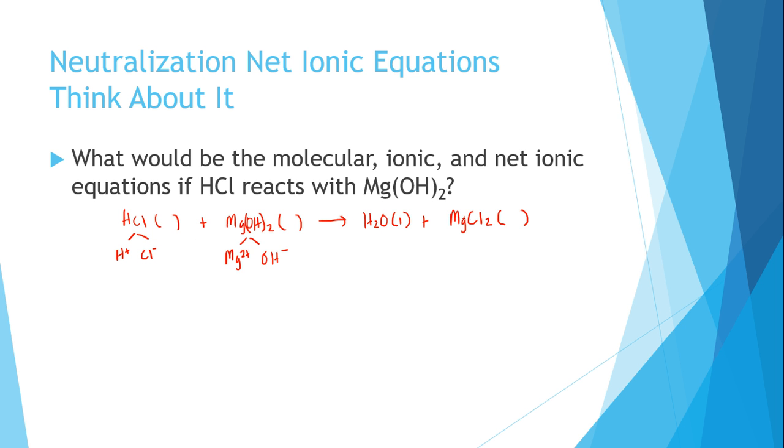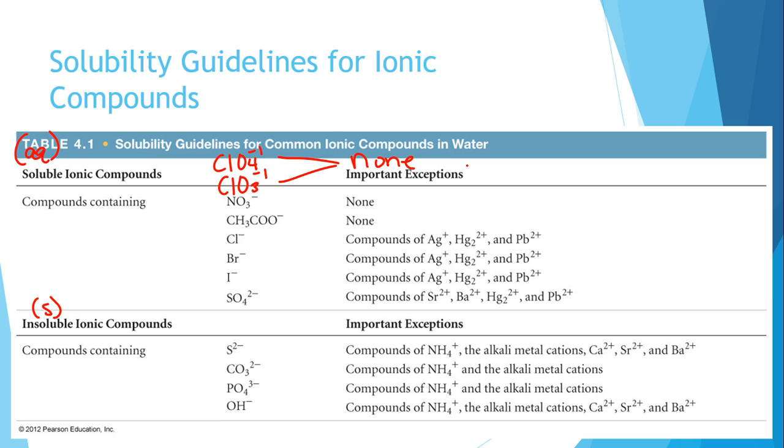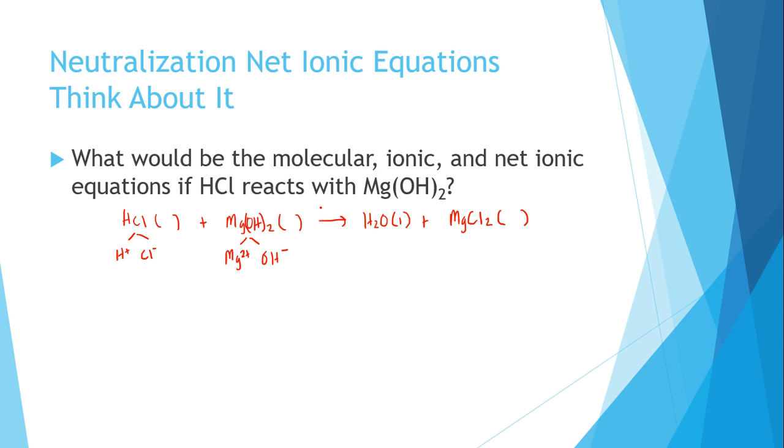We're going to look at chlorine first, and we're going to see if hydrogen and magnesium are an exception. Here I found my chlorine. Neither hydrogen nor magnesium is an exception, so both of them are going to stay AQ, which is soluble. The other one we're going to consult is OH and see if magnesium is an exception.